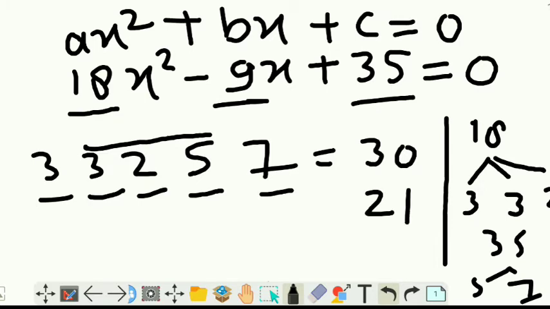So when we subtract 30 minus 21, what do we get? We get 9, here a positive 9, no matter. So we will get 9 here. So how will we do it? See here.